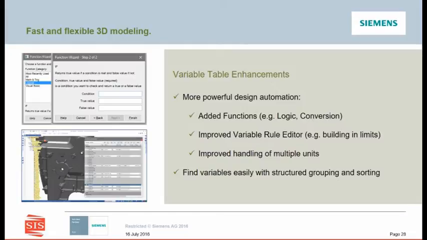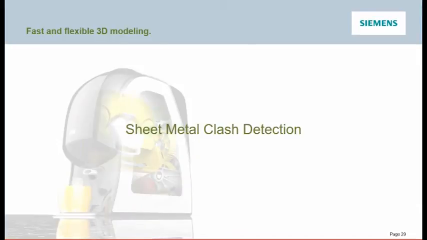All in all, this enables even greater modeling intelligence and design automation, but it's not all about added power. Ease of use has been improved too. The variable table now has structured grouping consistent with the Pathfinder, and Excel-like multi-column sorting, making it easier to find a variable.